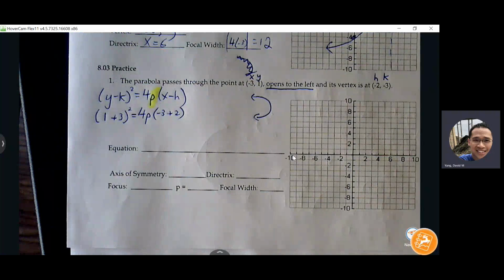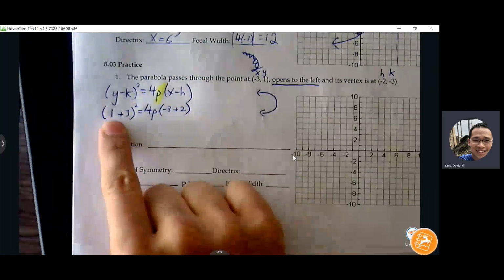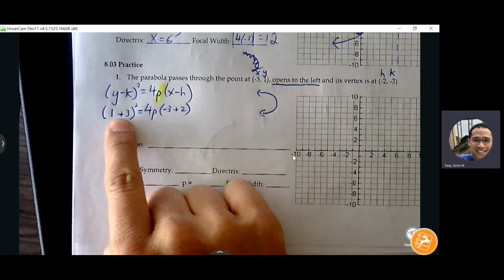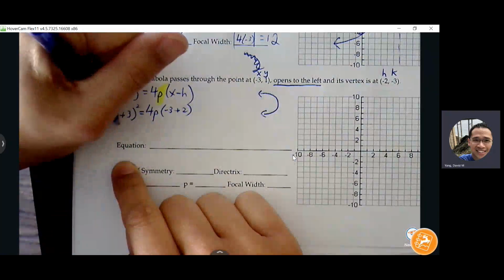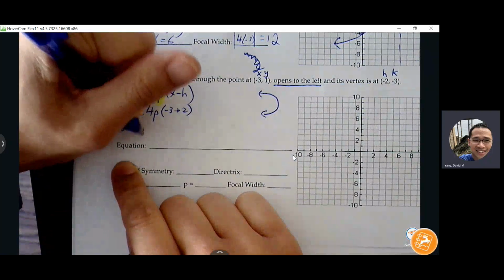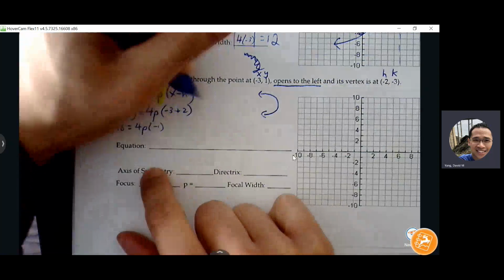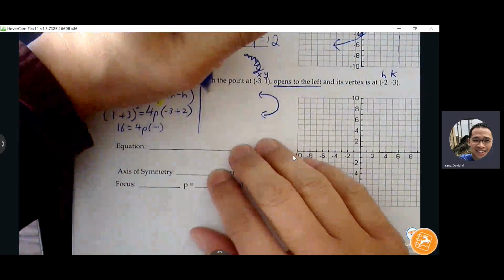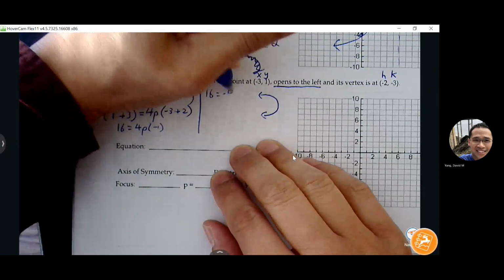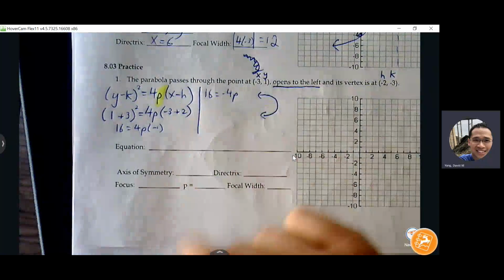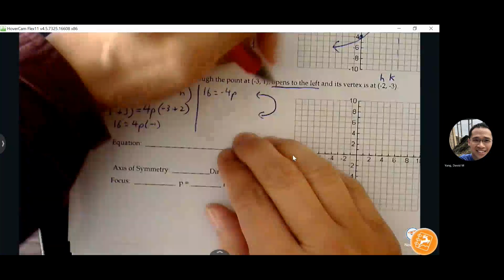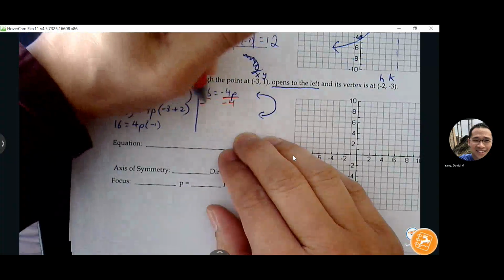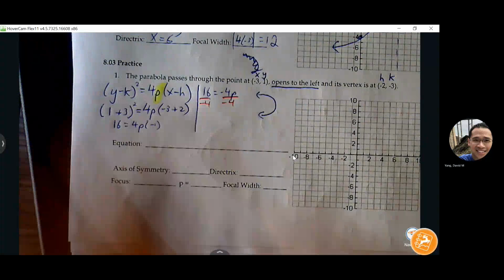Okay, so let's just solve for p here. 1 plus 3 is 4. 4 squared is 16, so 16 equals 4p times -1. This is really -4p equals 16. Okay, divide both sides by -4. p equals what?